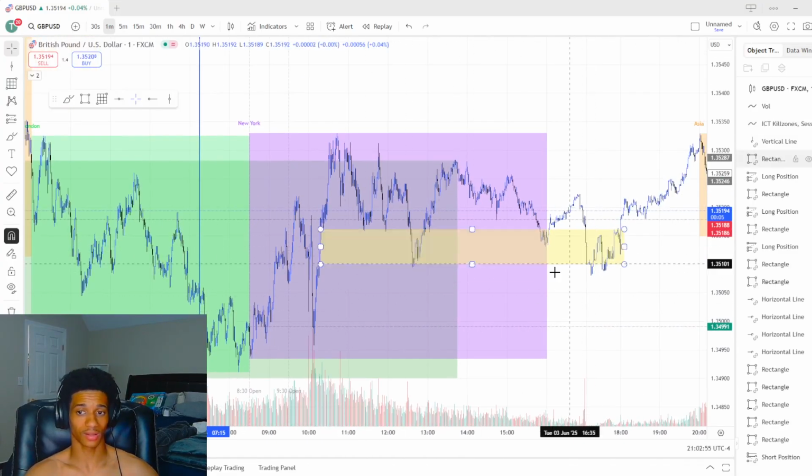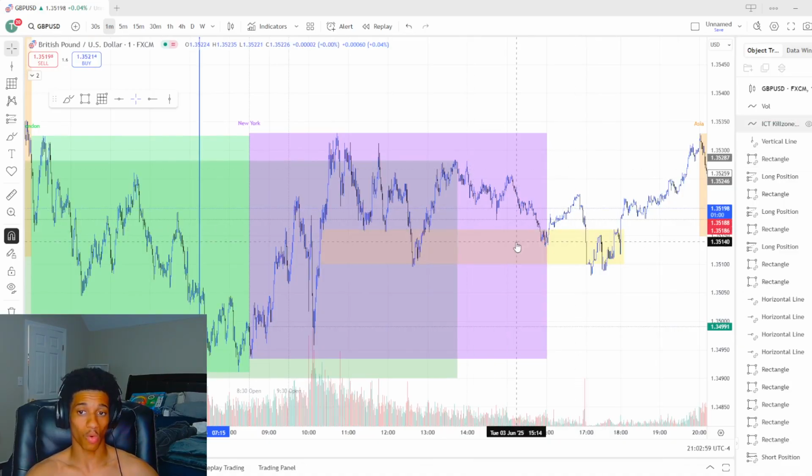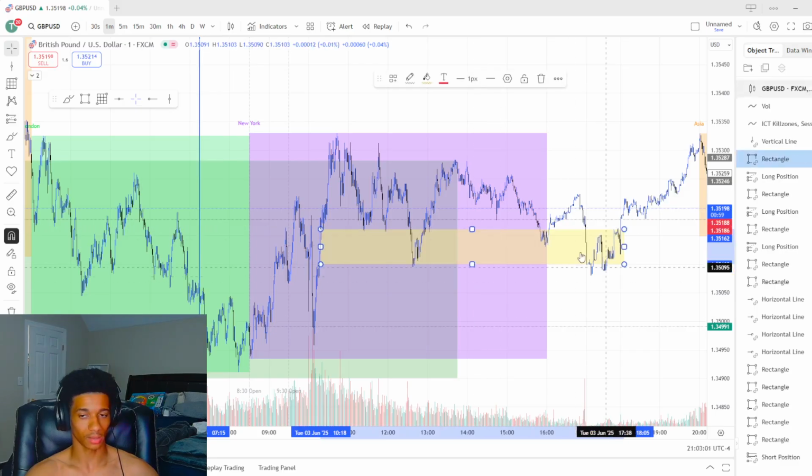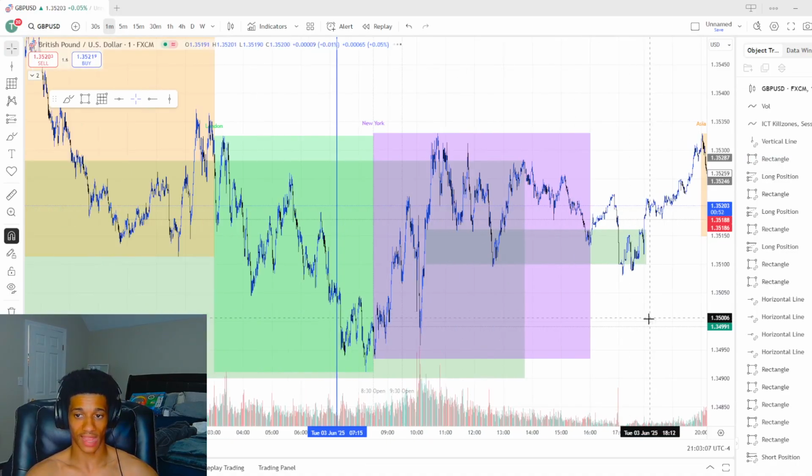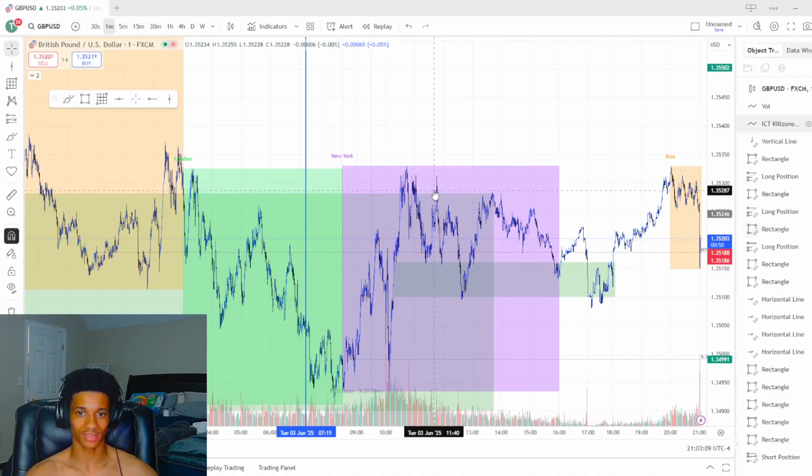But as you can see, look at this. I marked it as a yellow fair value gap because that's what I wanted it to be, but it didn't end up breaking through. So that's what we like to see. So I got the bullish fair value gap. So that's actually what it was. And as you can see, every single time price is touching this, it's jumping away. Touching it, jumping away.